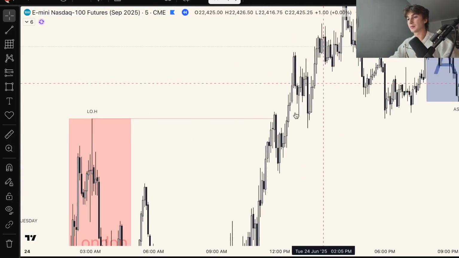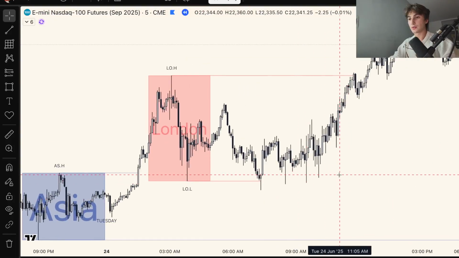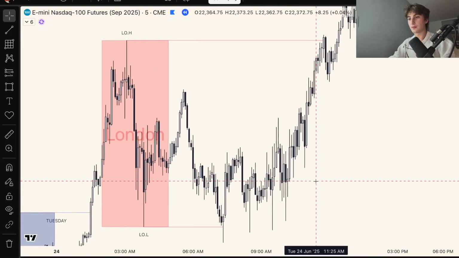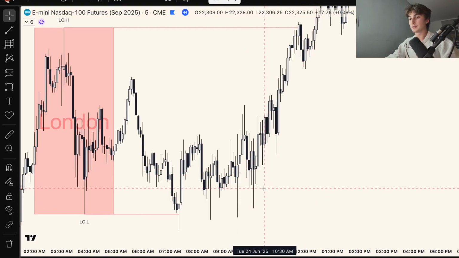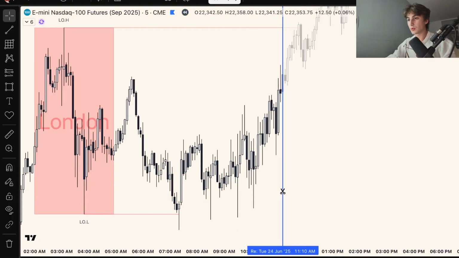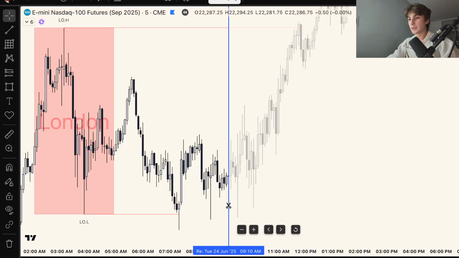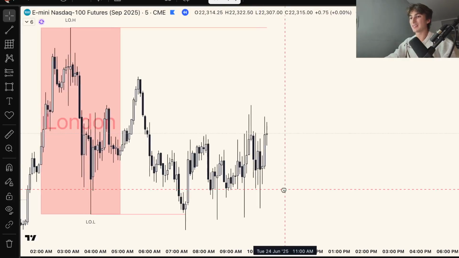So let's go to another day, for example. Wow, this day looks really choppy. Super choppy day. Holy smokes. But cool, whatever. We'll still use this day. So it seems like no 5-minute fair value gaps are created up until 10:25 on this day.